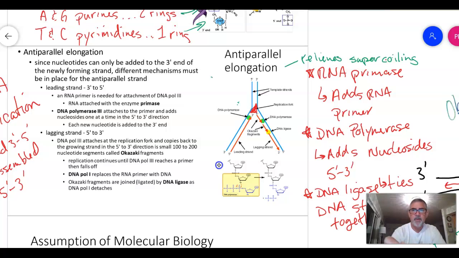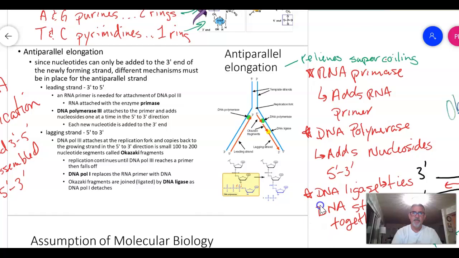As it opens up, it creates more and more of these little Okazaki fragments, right? And the Okazaki fragment is just that lagging end where it's getting rid of those little short pieces. Right. Okay.